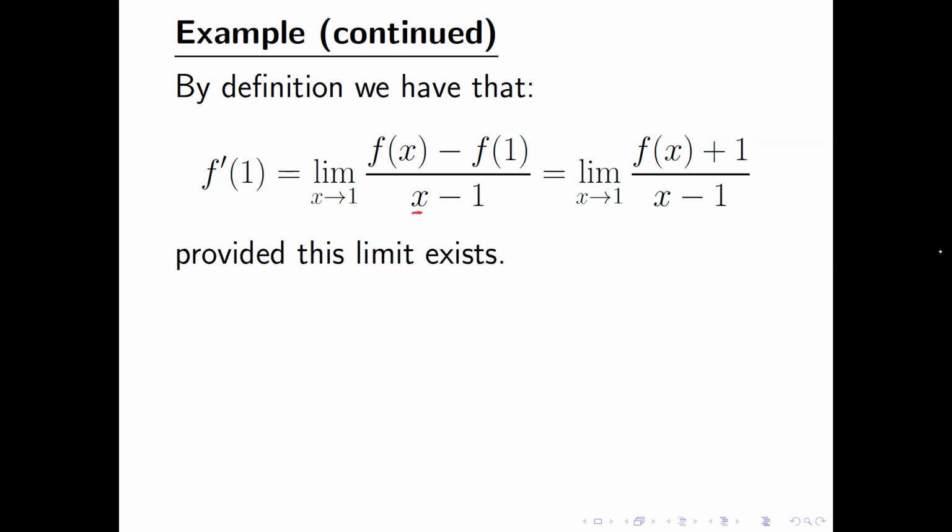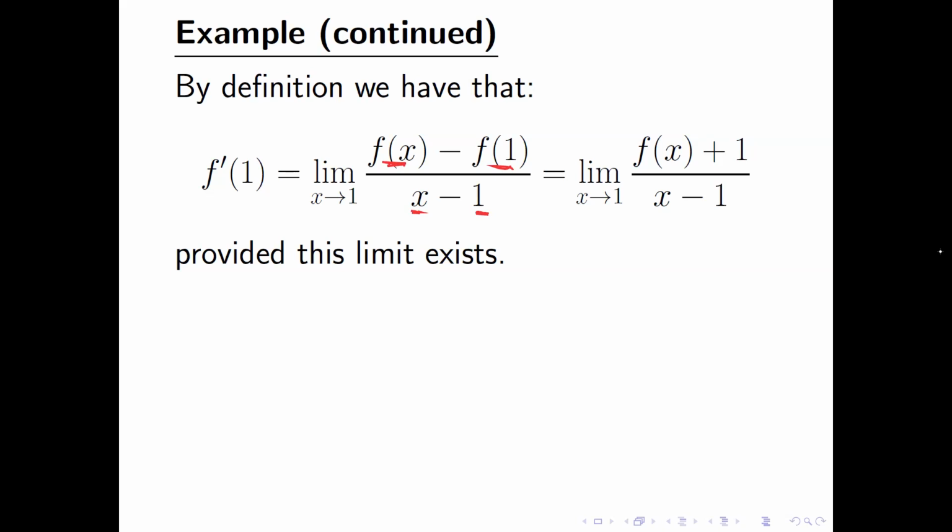In this case, this is your x2, this is your x1, this is your y2, this is your y1, when x approaches 1. So again, it's just the definition of what we have seen. But here we want to check if this is differentiable at point 1.